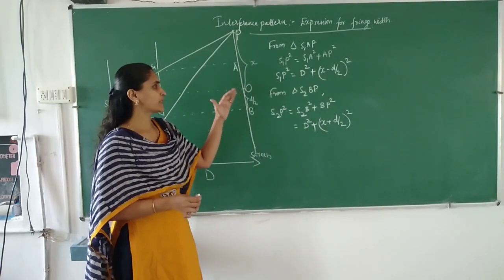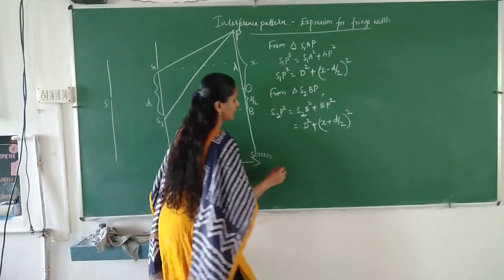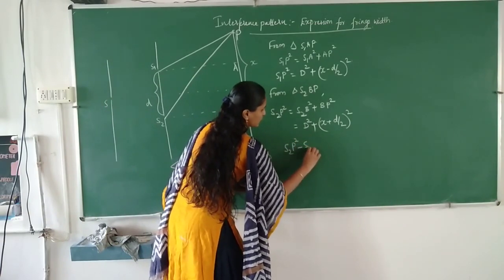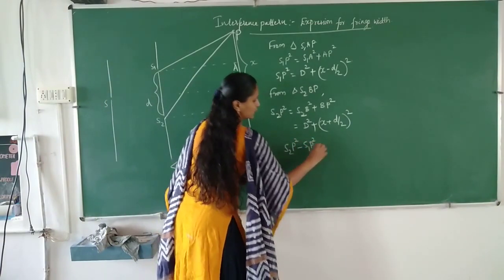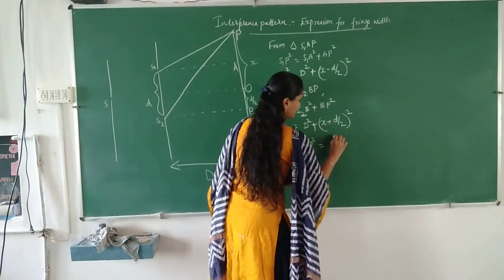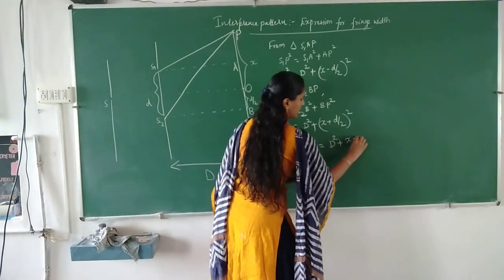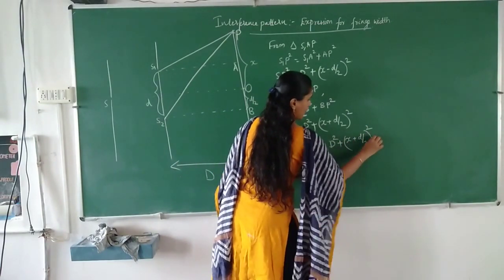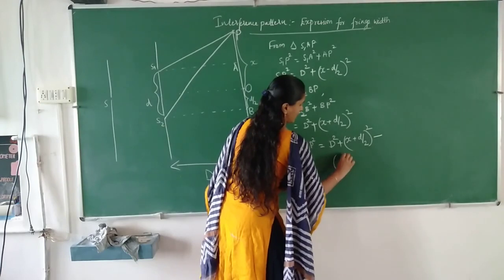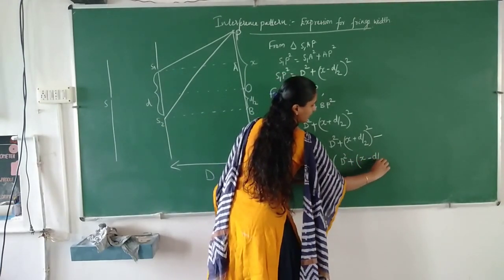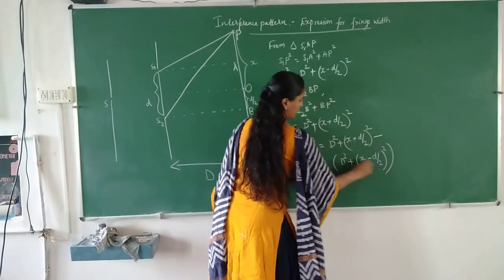Now we have S2P square and S1P square, so we can find S2P square minus S1P square, which equals D square plus (x plus d by 2) whole square, minus D square plus (x minus d by 2) whole square.